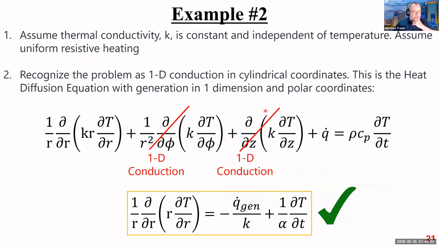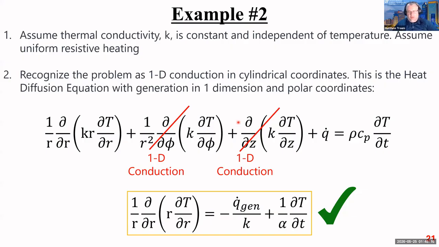So we are going to solve this thing using our polar coordinate version of the heat diffusion equation, and we're immediately going to eliminate the phi term and the z term because, as I just said, there's no heat transfer in either of those two directions, no temperature gradient in either of those two directions. So these spatial derivatives in those two directions go to zero, which makes those terms zero.